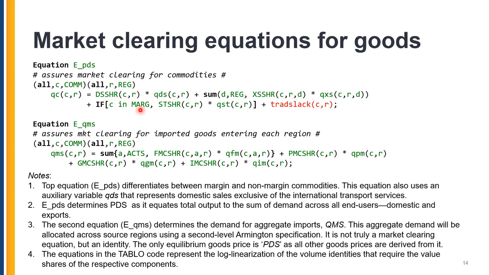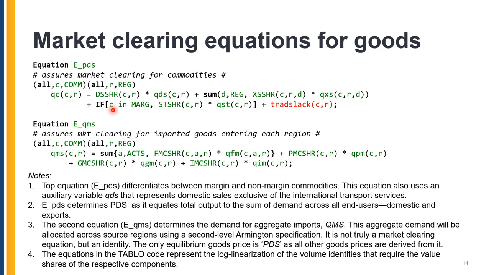And then the way the equation is written in GTAP is making use of a little bit of a coding function, the if function. When you're building this matrix, remember, this is an equation defined over all the commodities in the set COMM, all the regions in the set REG.